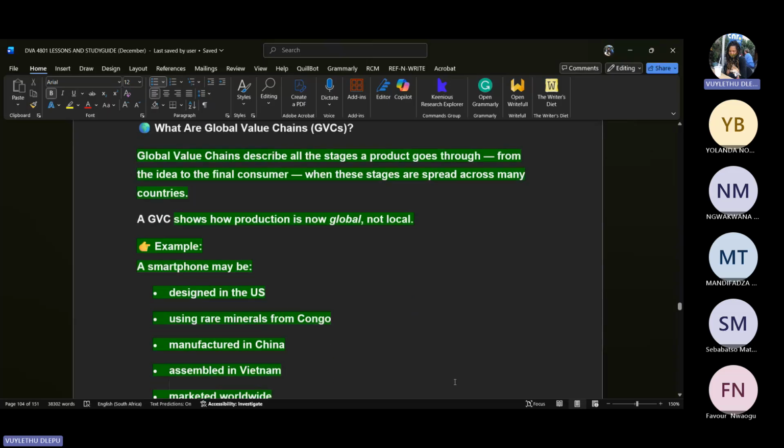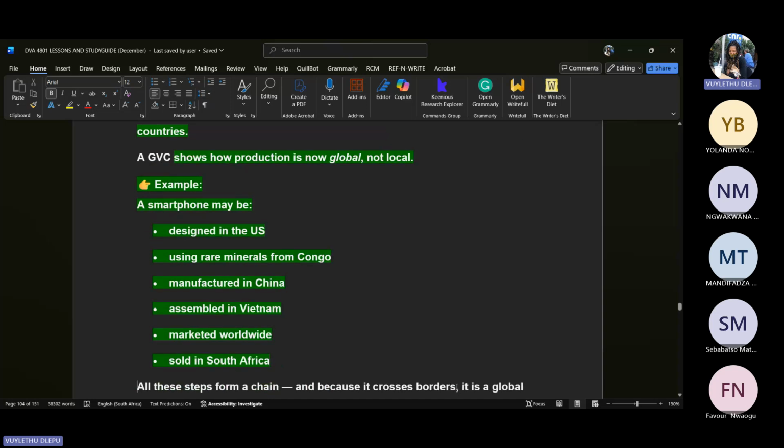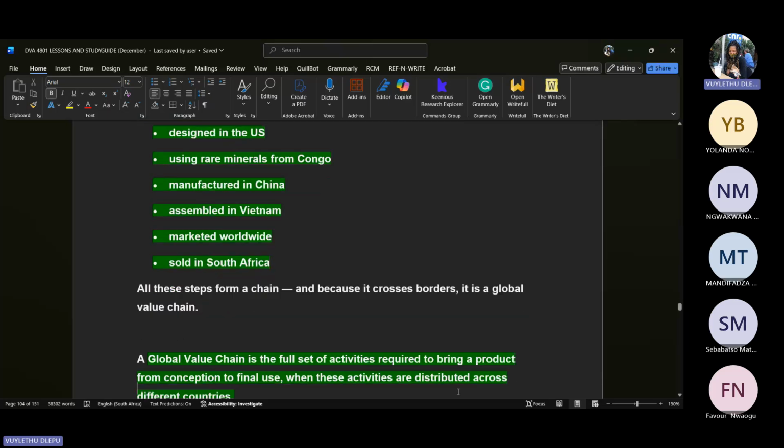They use an example of a smartphone, which may be designed in the United States. The raw materials may come from Congo, it may get manufactured in China, assembled in Vietnam, marketed worldwide, and of course sold in South Africa. All these steps form a chain, and because it crosses borders, it is a global value chain.